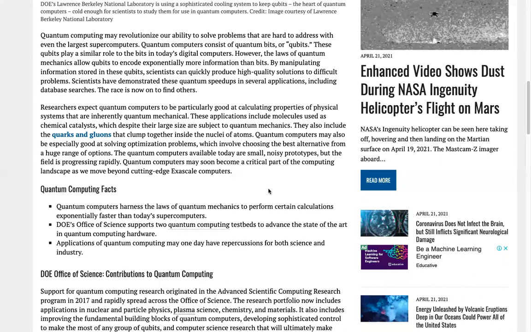Quantum computers may also be especially good at solving optimization problems, which involve choosing the best alternative from a huge range of options. Remember the traveling salesman problem, which is NP-hard. Let's consider we have cities, and we have to go to certain places and find an optimal route for it.